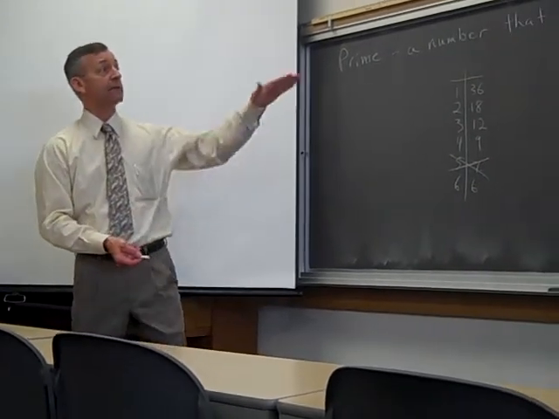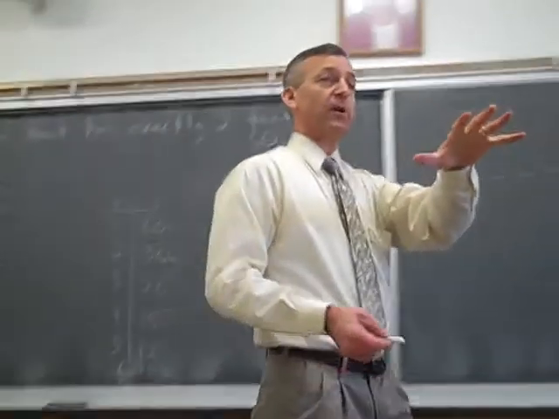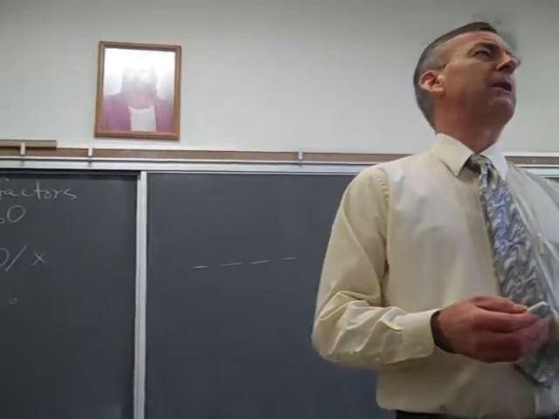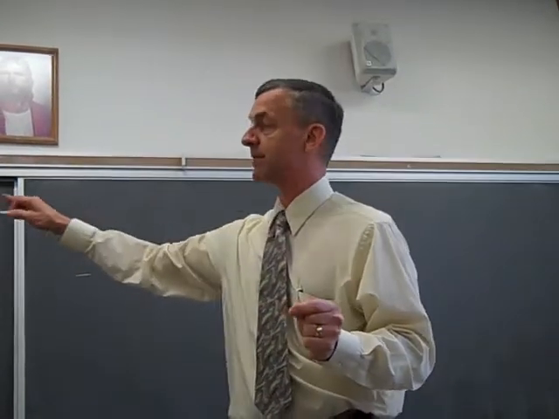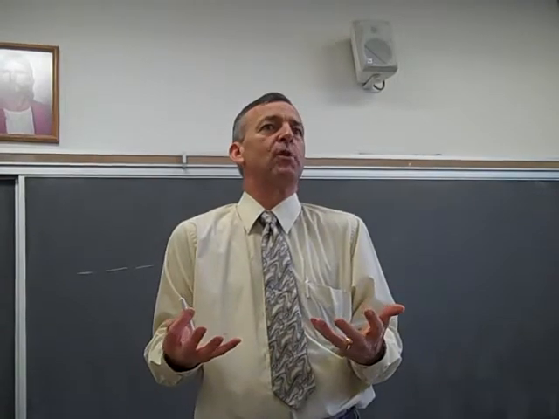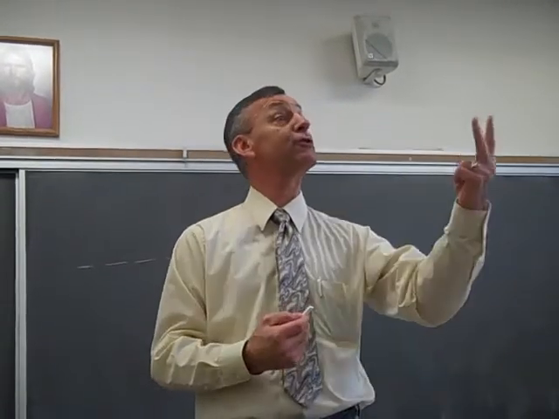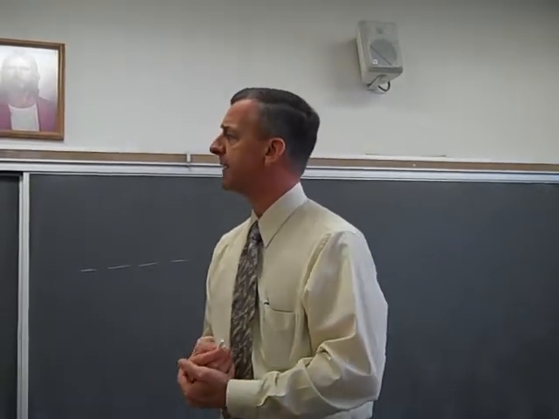But if it has exactly 2, in that case, just what you said, it is 1 and itself. But if we define prime numbers with that definition, we end up saying 1 is a prime number and it's not. Because it doesn't have exactly 2 factors. It only has 1.